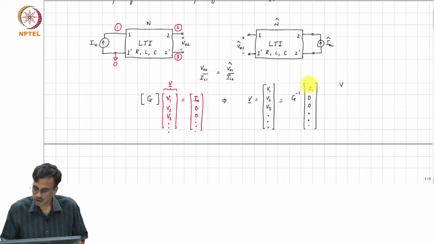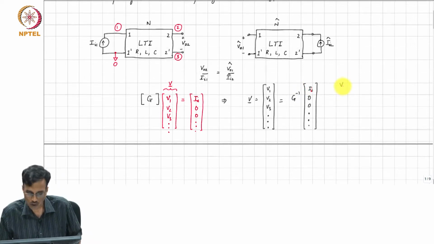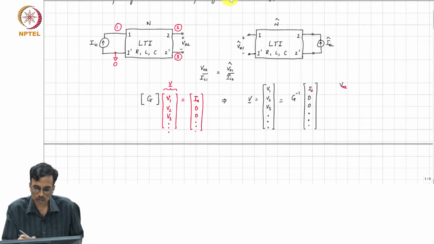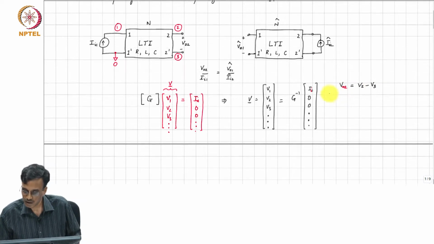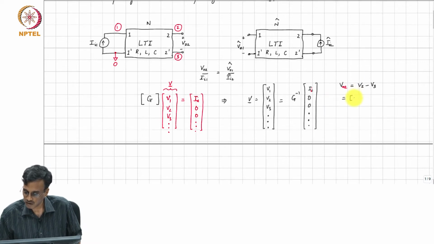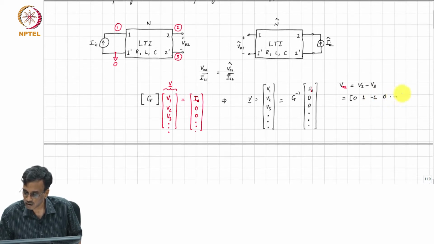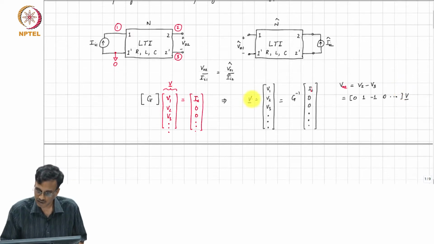So, our output VO2 is nothing but V2 minus V3, and therefore, this is nothing but the row vector 0, 1, minus 1 and all zeros, times the vector V. Remember that V is this guy over here, right.